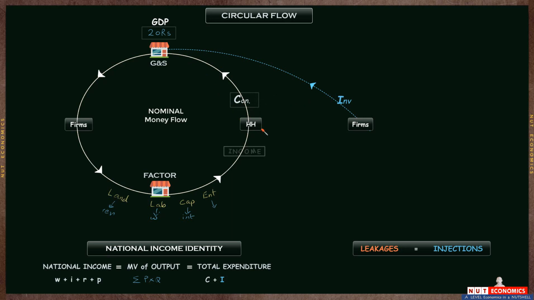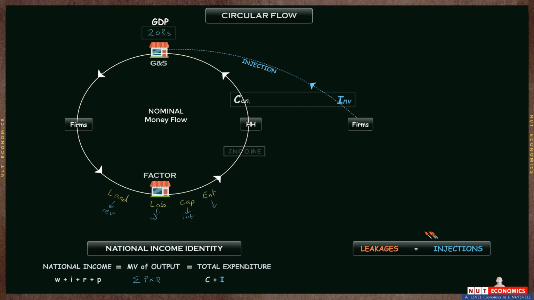But I explained that sometimes firms also buy some of the country's output, and therefore we say the firms also inject some spending on the country's total output, or in this circular flow of the macroeconomy. So firms, we are saying, contribute towards creating or injecting money, spending and demand for the country's total output. And that is your injection.